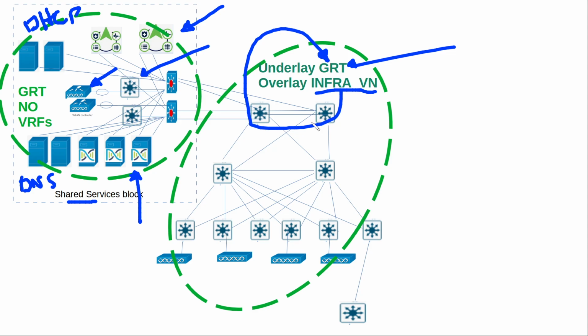So at that moment, without having any users set up in my fabric, everything works because I am communicating an external global routing table with my fabric global routing table.